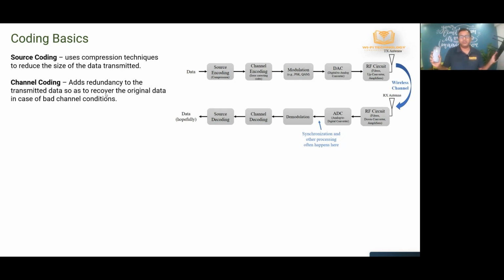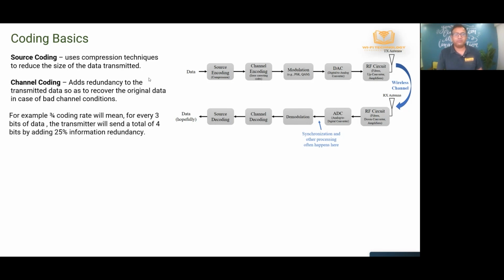If the channel is not ideal, then the transmitter adds some redundancy so that the receiver can correctly detect the transmitted information, even though that information has errors. That's called forward error correction. So we are trying to correct the error in a forward way even before we transmit. As we are transmitting, we put some logic in there that would correct the errors in case the information was received with error. That's called channel coding.